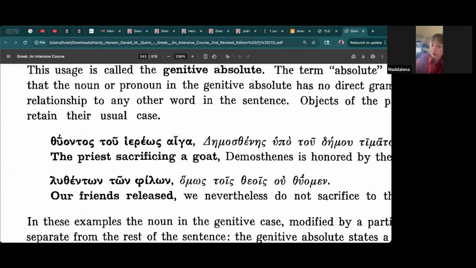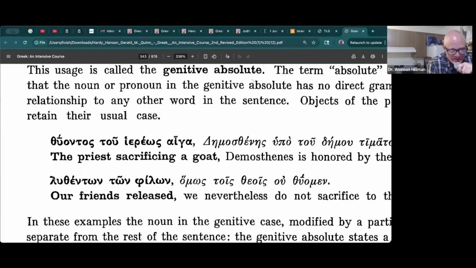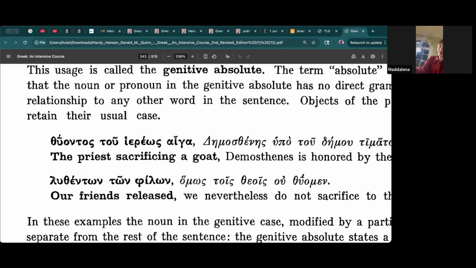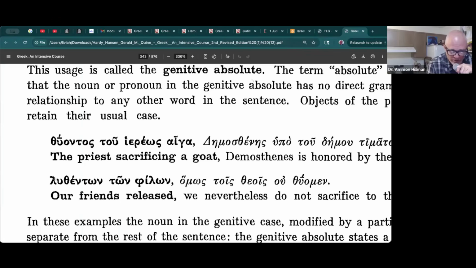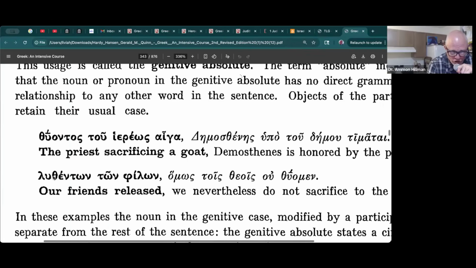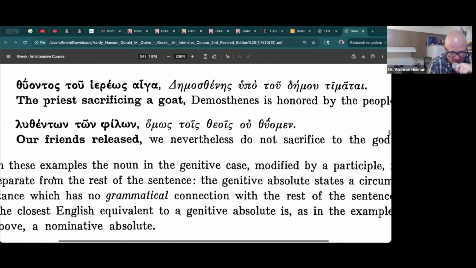So it's literally with the priest sacrificing a goat, with the blanking. That's kind of the formula that you need to think of when you think of a genitive absolute. Look at the second one. Luthenton ton philon, with the friends released.